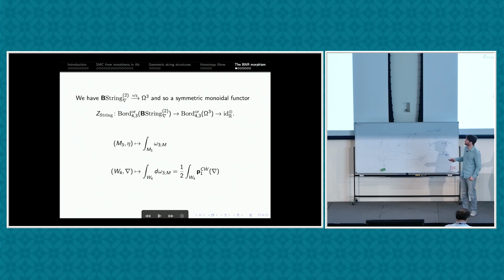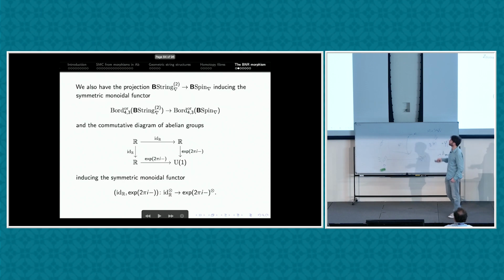And on a bounding 4-manifold? The rule is dictated by this second part of the diagram, so I have to take the integral over W4 of the de Rham differential of this. But I recalled before that the de Rham differential of this is just 1/2 P1. So on W4, I take 1/2 P1. We'll have to remember this in a minute.